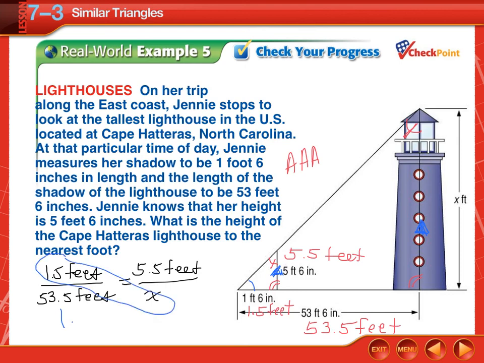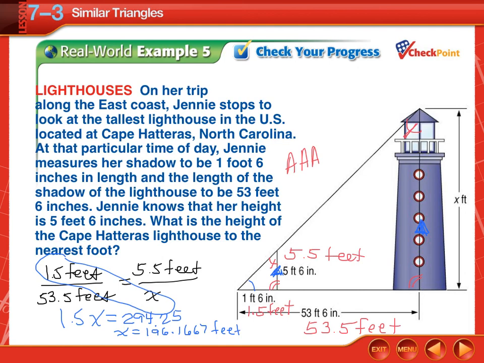We end up with 1.5x equals, and if you work through that math, it comes out to be 294 1/4, I think. So if you divide both sides by 1.5, you end up with x equals 196.1667 feet.